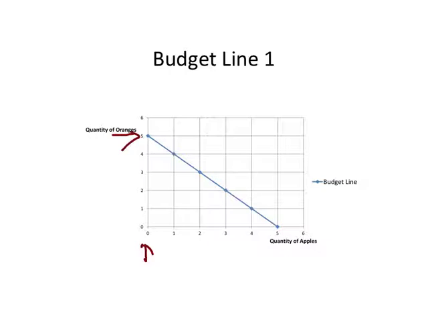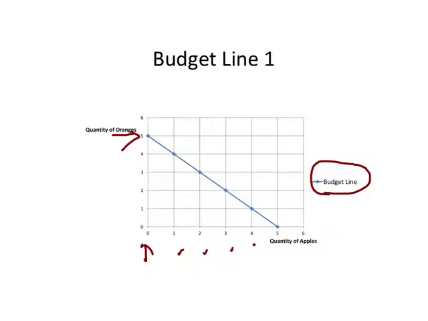It will be 5. And we do this for other quantities of apples. We join all these points, and what we get is a budget line. So this line, which reflects consumption choices available to this person given nominal income and prices, is called a budget line.